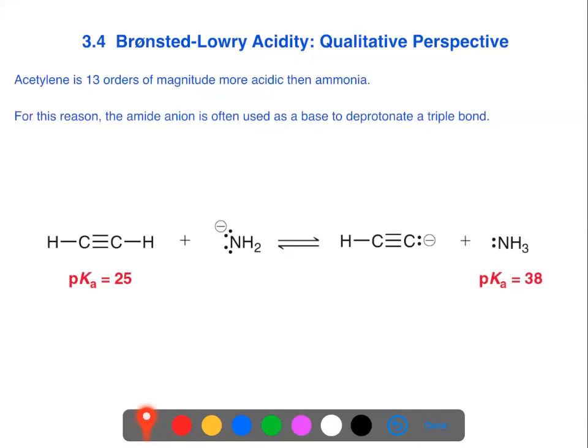As a side point, we'll see this later on in the course when we look at the reactivity of alkynes. That is typically the amide ion that is used to deprotonate terminal alkynes in the formation of these alkynide ions. So it will be a very useful reagent for those types of reactions when we get to that section.